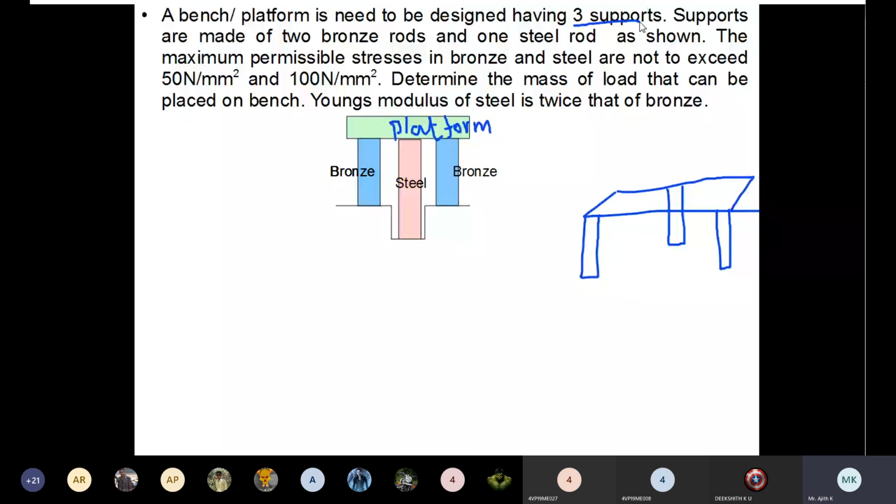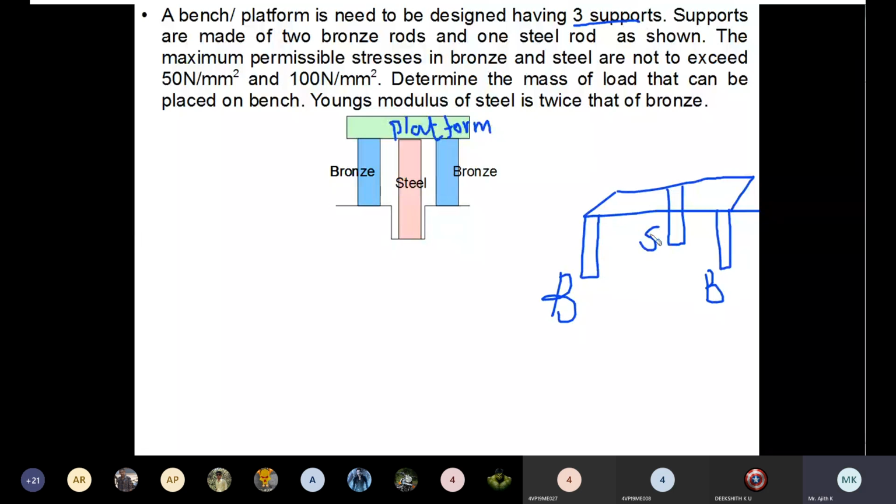These supports are made up of two bronze rods. So this is bronze, this is also bronze, and the last one is a steel rod. So the three supports are made of different materials: two bronze supports and one steel support.